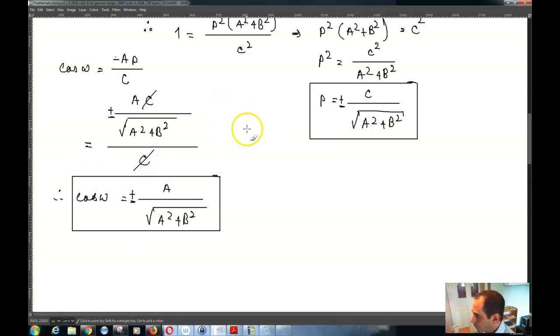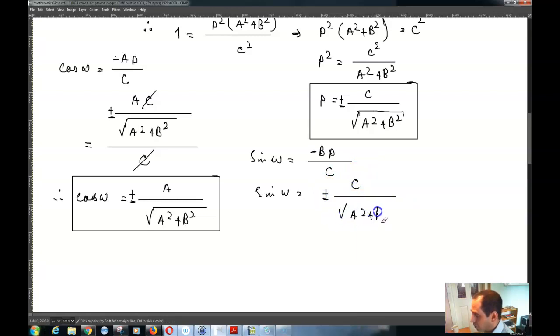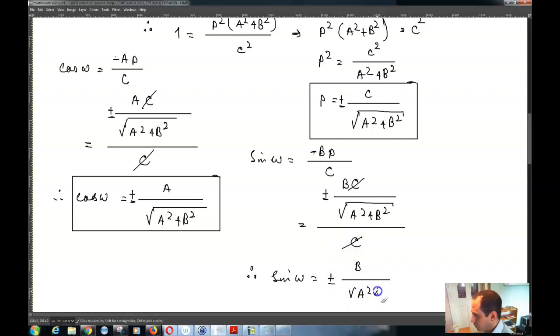And moreover, we said that sine omega was equal to negative B times P over C. So sine omega is equal to, your P is this whole thing over here, so I can write it as plus or minus C over the square root of A squared plus B squared, and then you have to multiply B over here, the negative is taken care of here, and divided by C. Simplifying this, sine omega is equal to plus or minus B over the square root of A squared plus B squared.